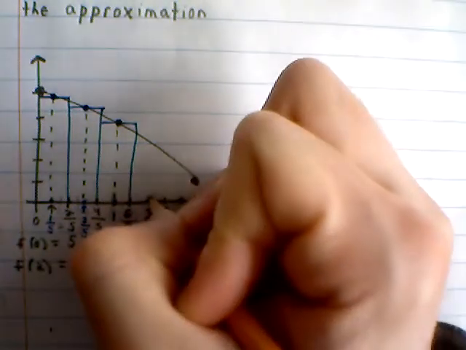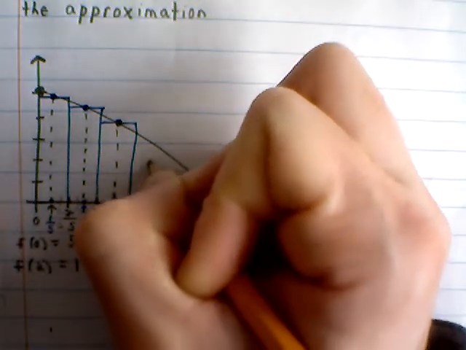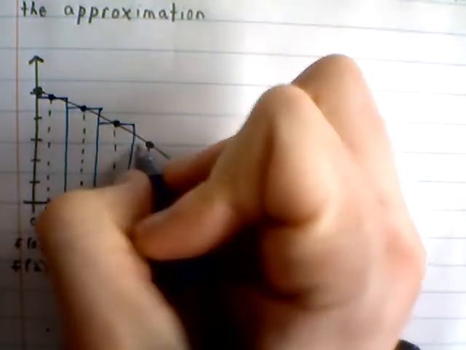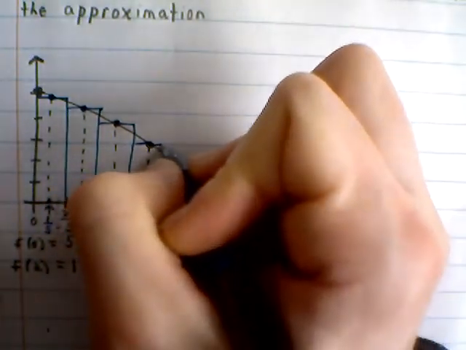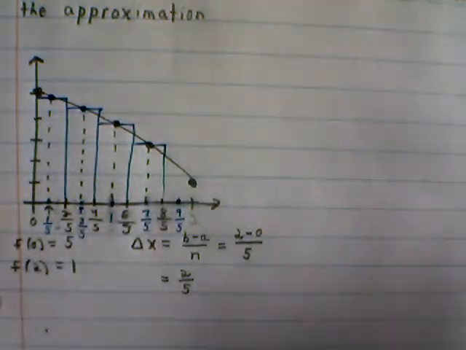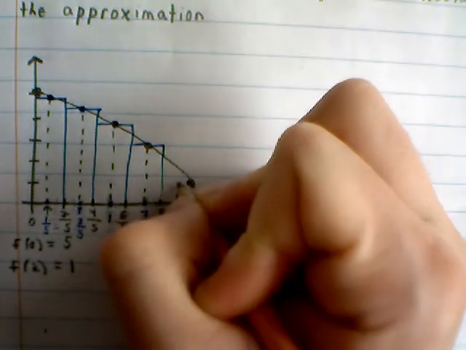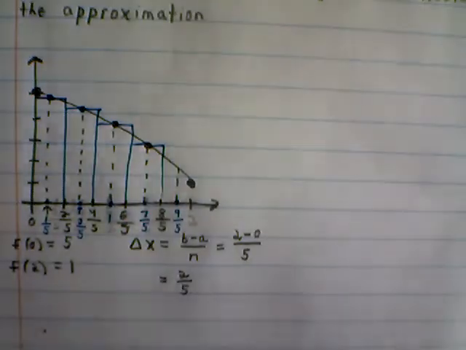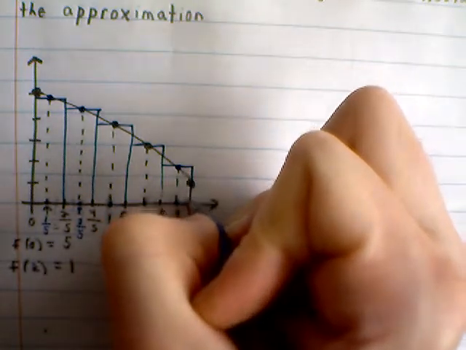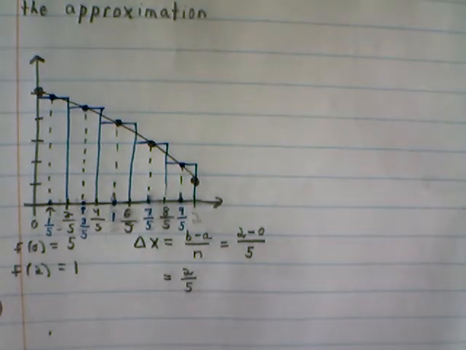Let's take 7 fifths up to our curve, touch the curve at the midpoint, extend the rectangle to the beginning and end of the subinterval, and then let's take 9 fifths up to the curve and extend our rectangle to the beginning and end of our subinterval.